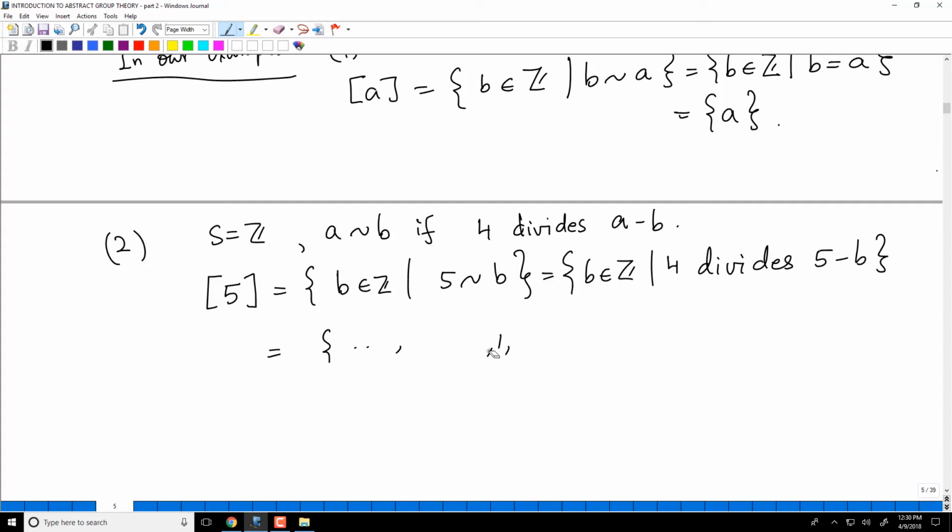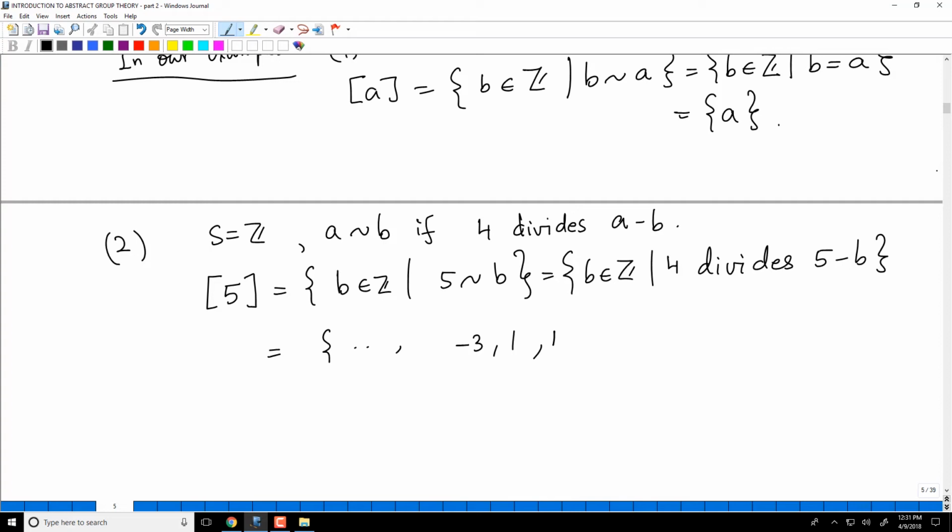So 1 is an element of the equivalence class. The previous element would be minus 3, because minus 3 is related to 5: 5 minus minus 3 is 5 plus 3, which is 8, divisible by 4.